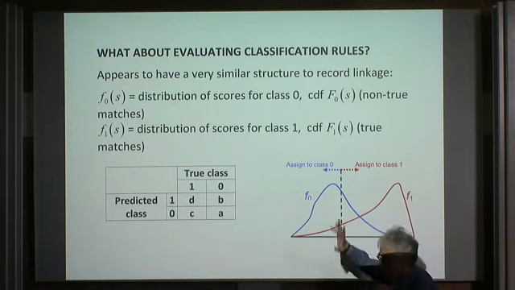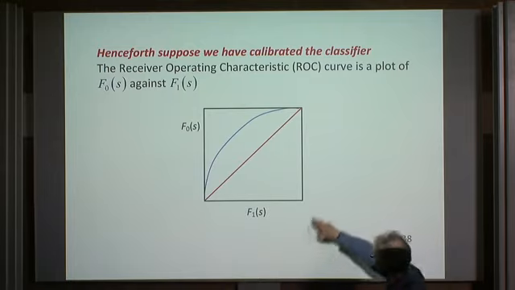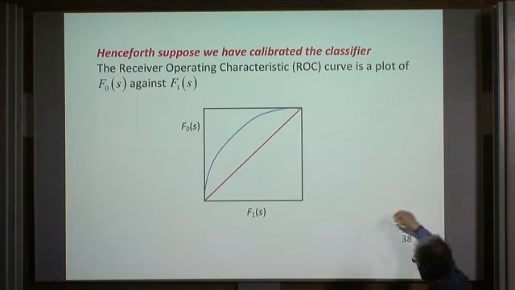But I'm going to assume now that the scores are calibrated. They've been transformed so that any particular score, 0.9, means that 90% of objects with a score of 0.9 belong to class 1. Okay, here's a receiver operating characteristic curve. It is just a plot of the CDF, the cumulative distribution function, for class 1 on the horizontal axis against the same thing for class 0 on the vertical axis. Remember my little plot, class 0 distribution, class 1 distribution.